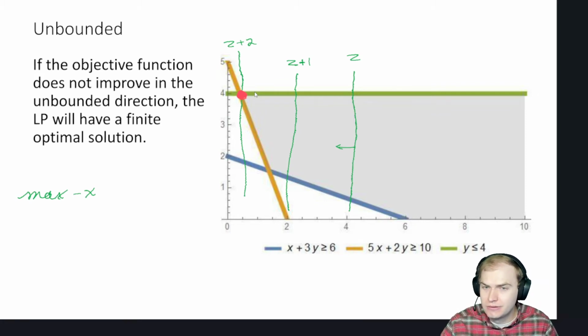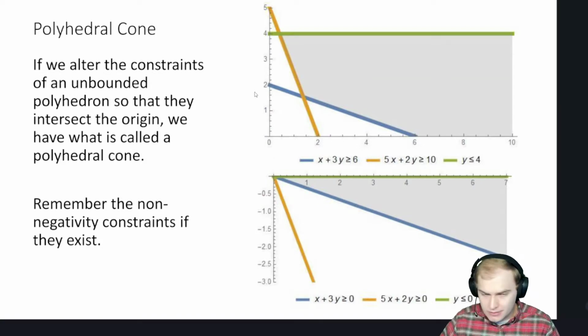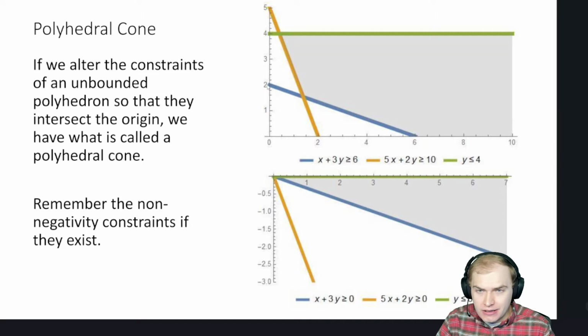So we can identify the differences by transforming our feasible region into what's called a polyhedral cone. What we do is we take our inequalities and change the right-hand side to just be 0 instead of whatever they were.